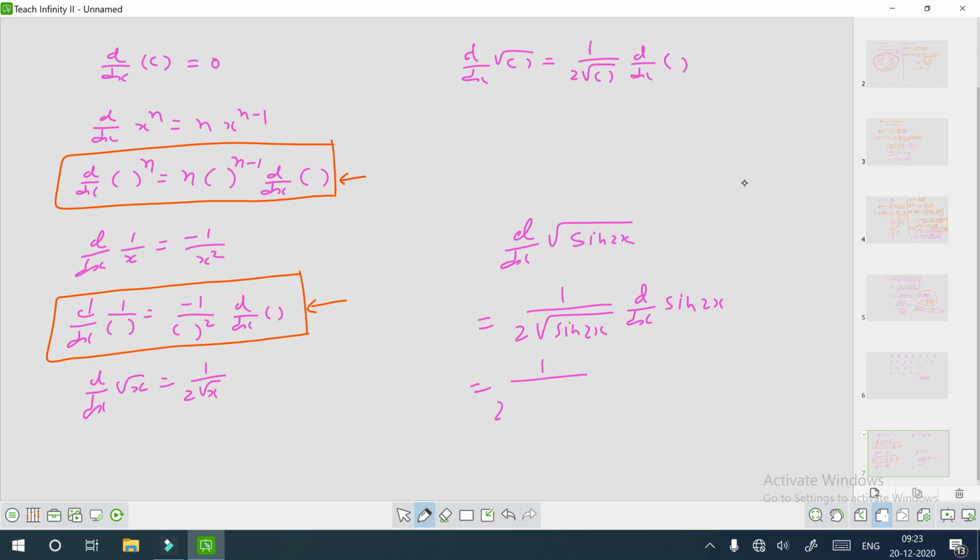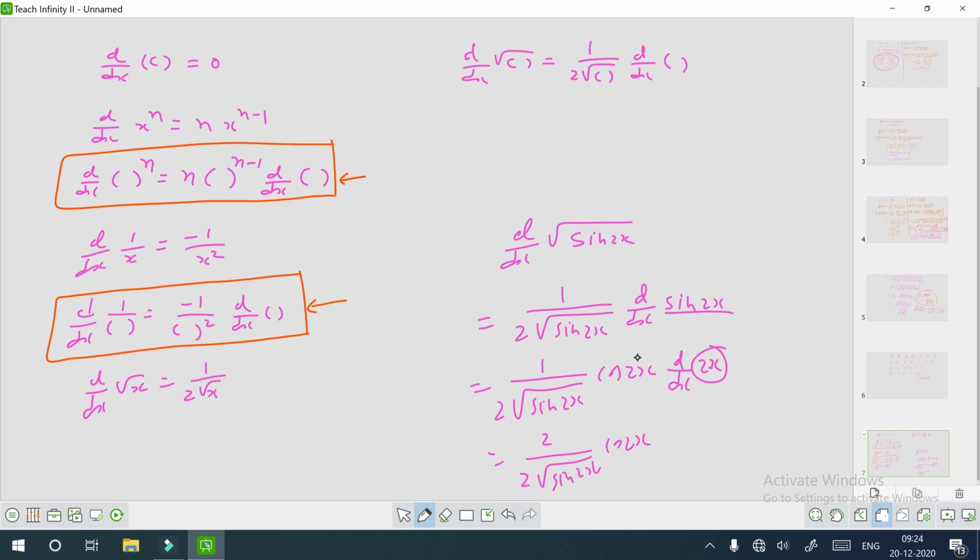That is equal to 1 by 2 under root sin 2x, into cos of some function into d by dx of some function. What is that? It is 2x. And what is the derivative of 2x? That is 2. So it is 2 over 2 under root sin 2x into cos 2x.